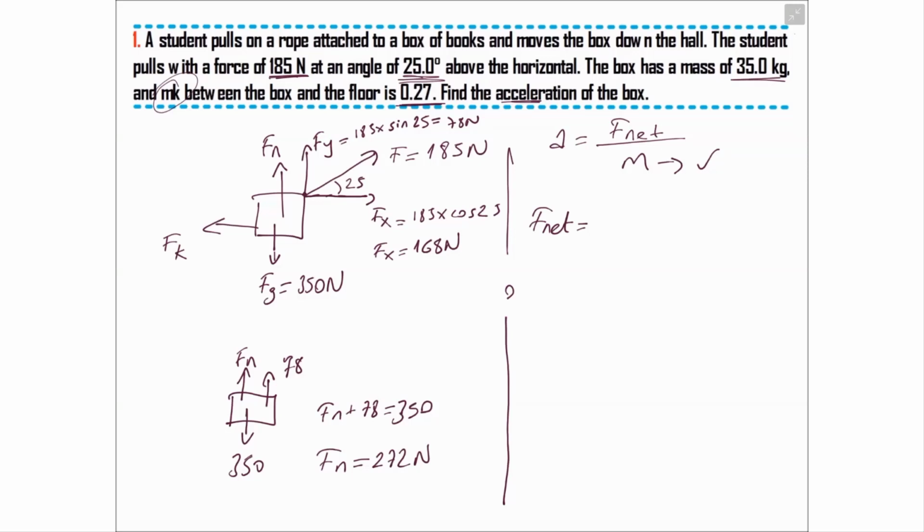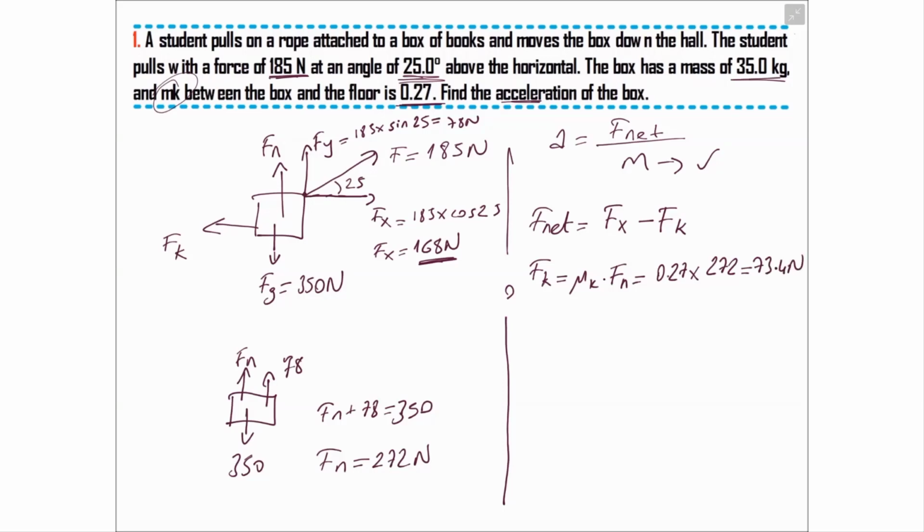So net force here will be Fx minus Fk. Fx we calculated as 168. So we have to calculate Fk. Fk equals mu k times Fn. Mu k is given in the question, 0.27, times Fn, which is 272.